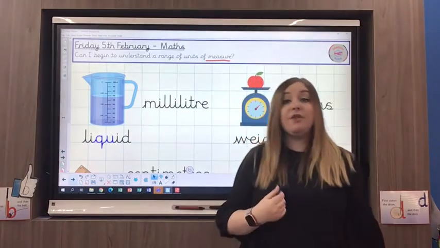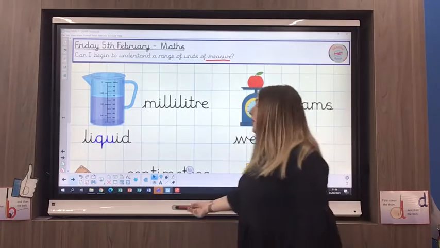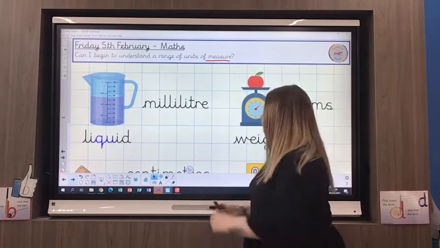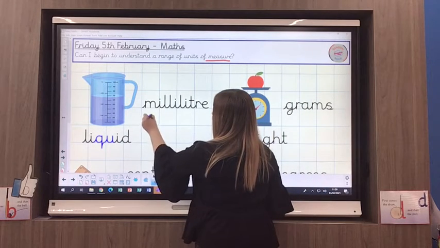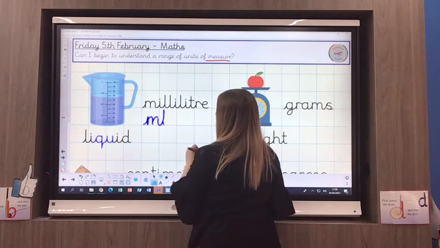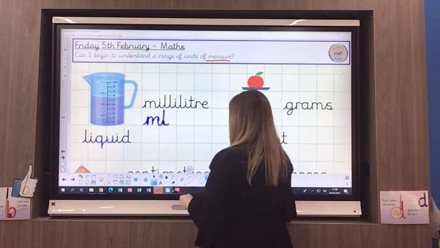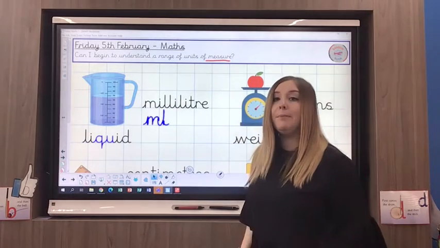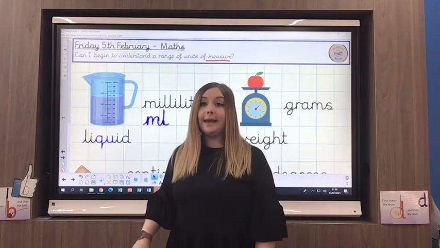Now don't worry if you can't spell millilitre because it's a really long word. But we might see millilitre written like this, with an m and an l. Okay? And remember, millilitres are what we measure a liquid in.